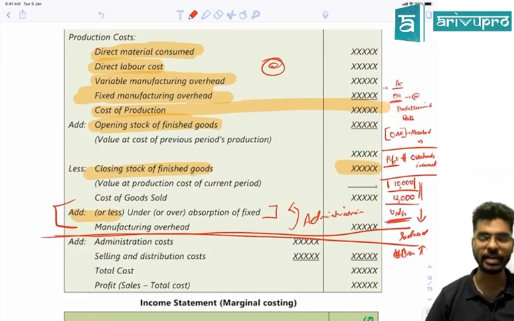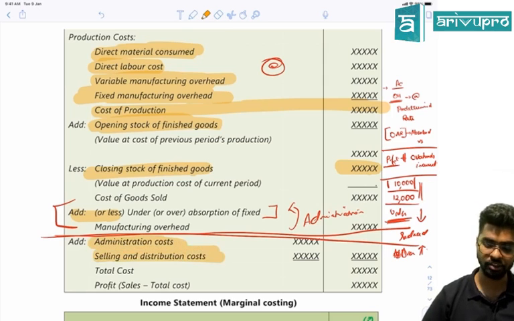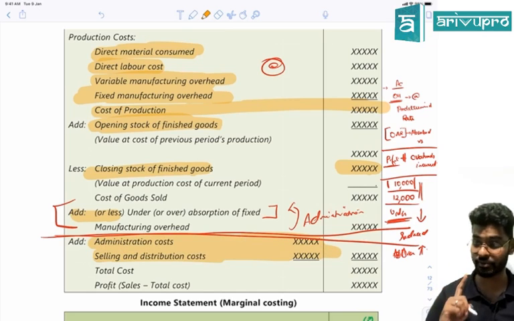Right? And the second part you need to remember is that whether I'm doing marginal costing or absorption costing, selling and distribution, guys, please remember this.